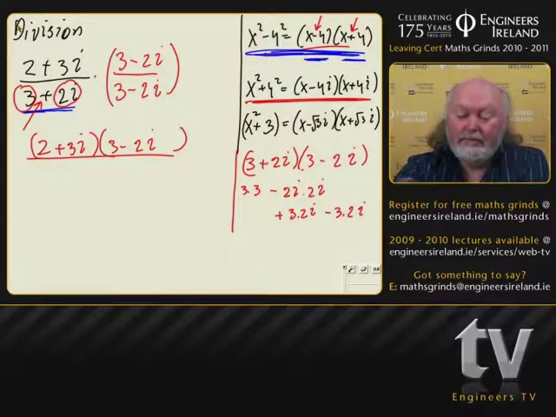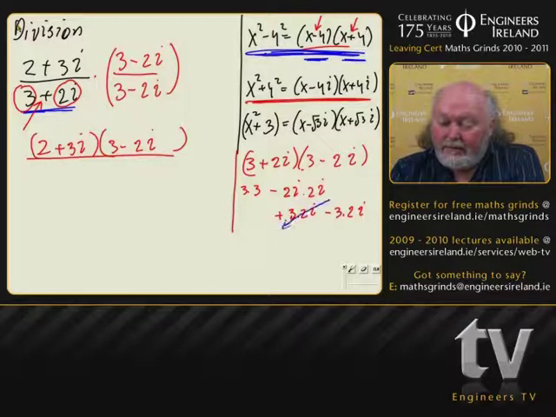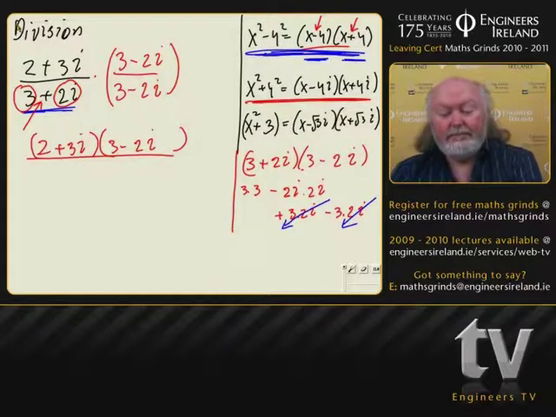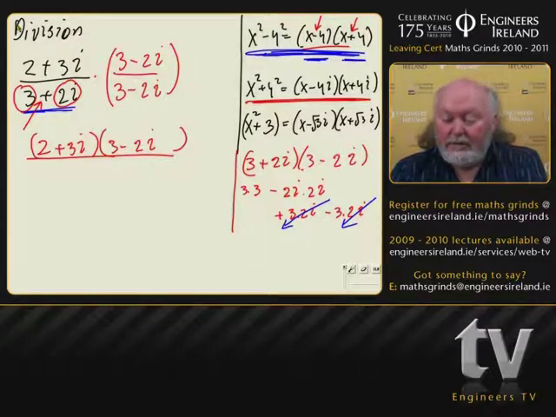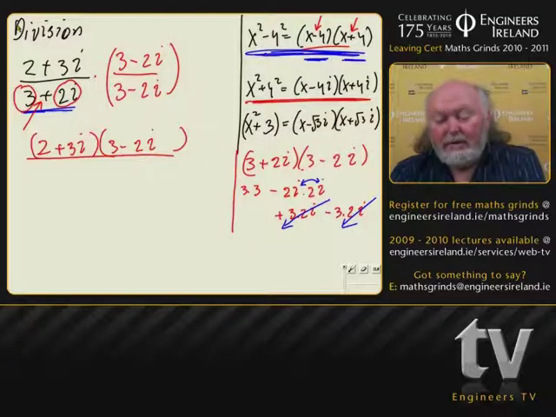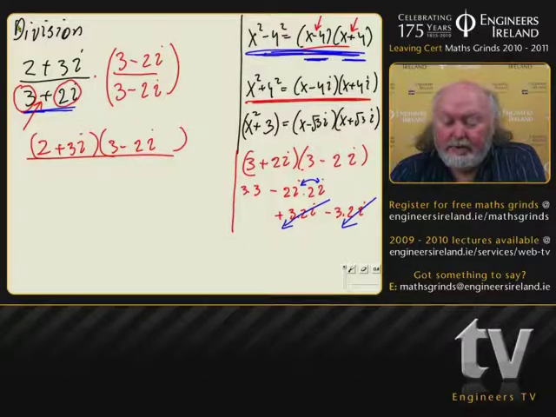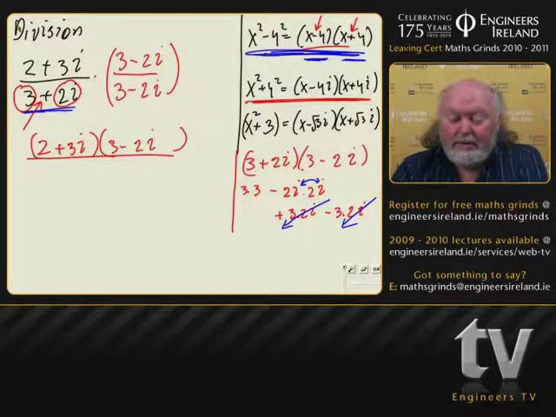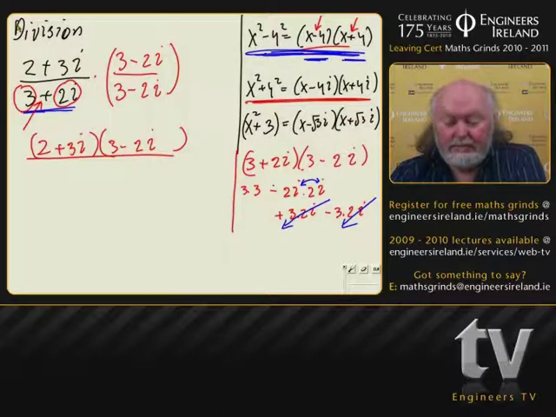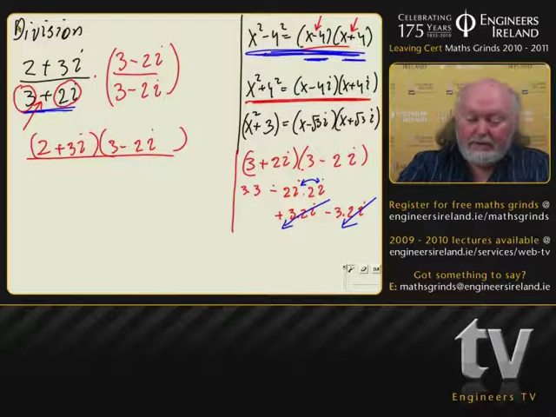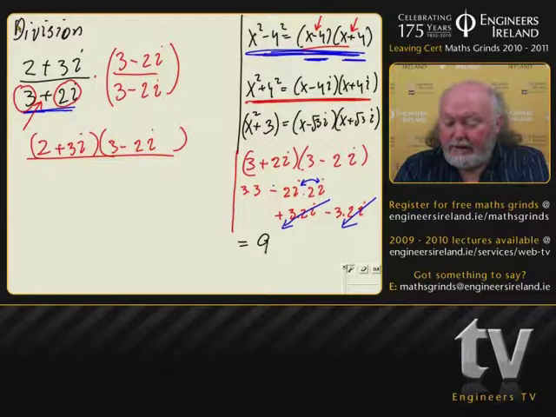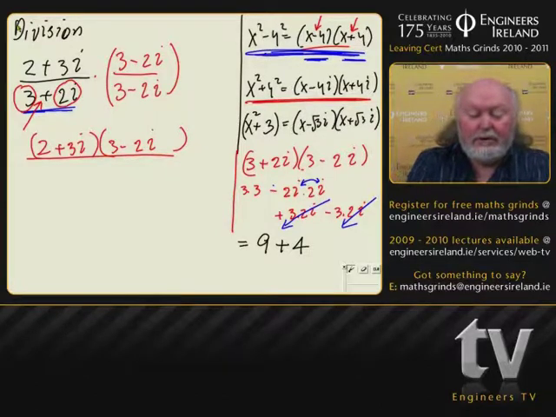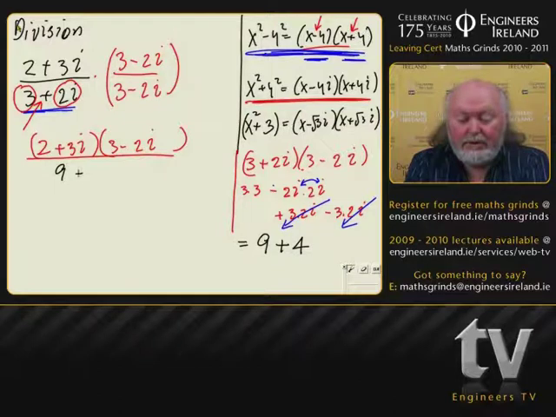We can see now that the i bits here have cancelled each other out. Okay? We can also see that that i by that i is going to give us a minus 1. And minus 1 multiplied by this minus here will give us a plus. So that is equal to 9 plus 4. So we could say over here, yeah, it's all over 9 plus 4.